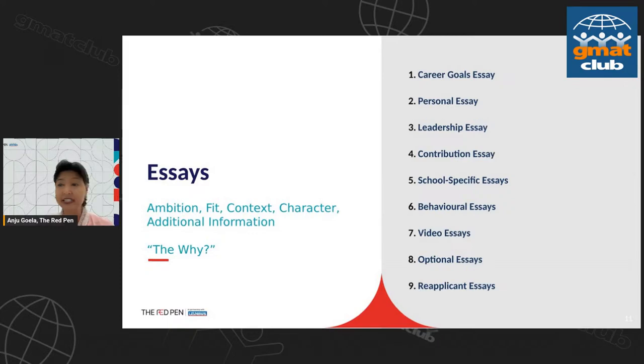The leadership essay. Now, the leadership essay reflects on your past leadership experience, highlighting your ability to influence and motivate others. It demonstrates your leadership style and talks about why somebody should follow you as a leader, right? HBS has a leadership essay, as all of you who are applying would know.